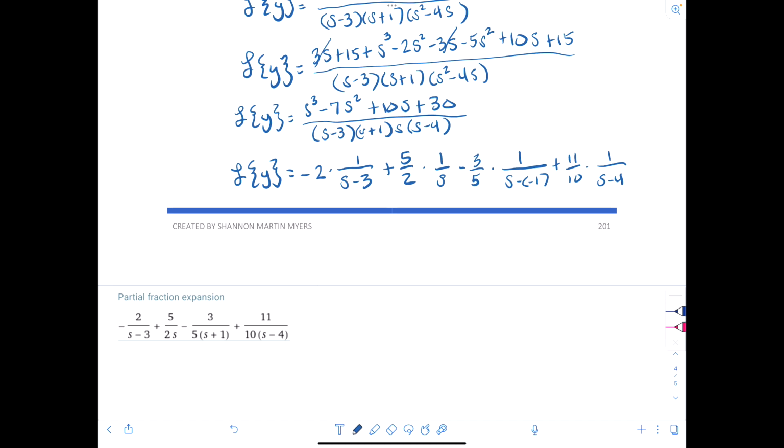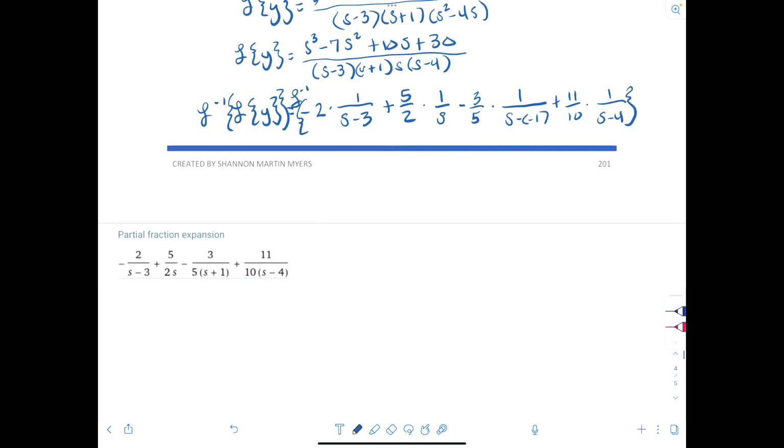And then when we apply the inverse Laplace transform and the linearity, we're going to end up with y at t is equal to negative 2, the inverse transform for 1 over s minus 3 is e to the 3t, plus 5 halves times 1, right?